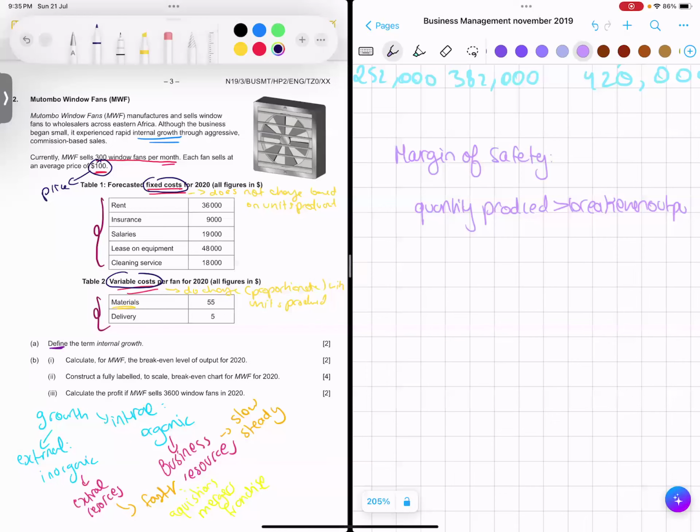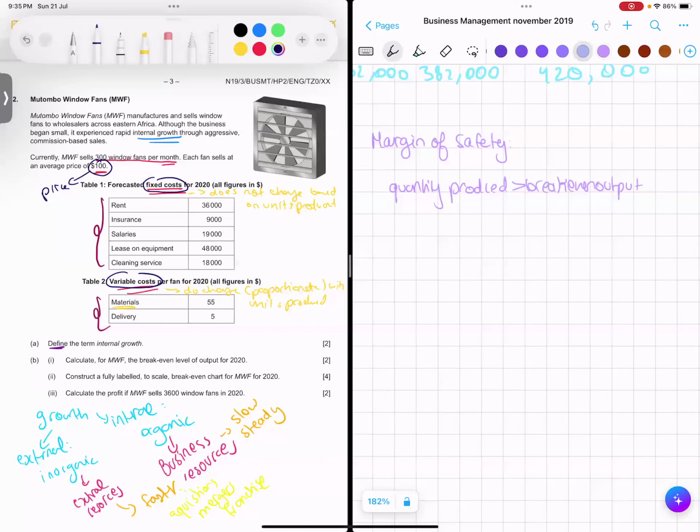So here profit equals zero. Therefore with margin of safety, the profit will always be positive.